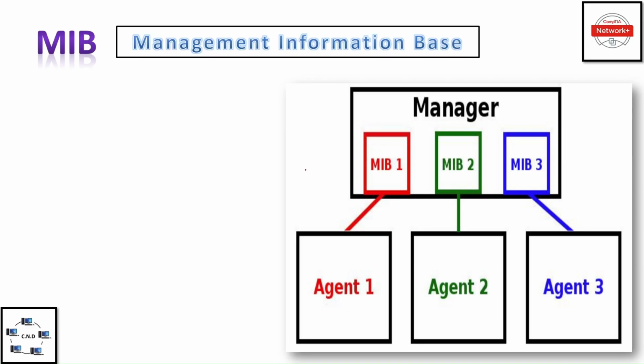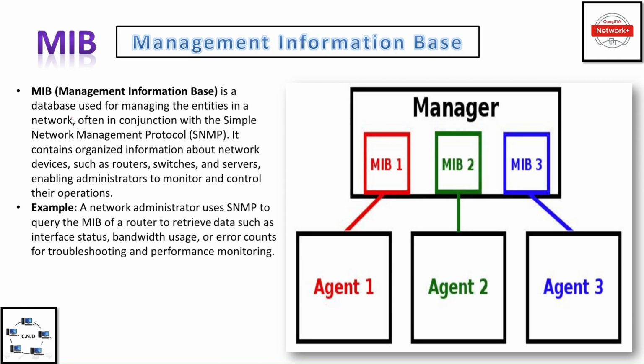MIB, that is Management Information Base. So MIB, Management Information Base, is a database used for managing the entities in a network, often in conjunction with Simple Network Management Protocol, that is SNMP.